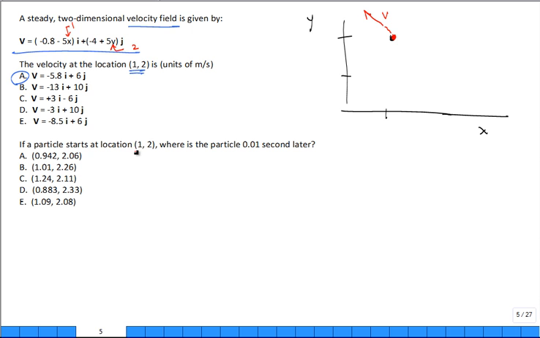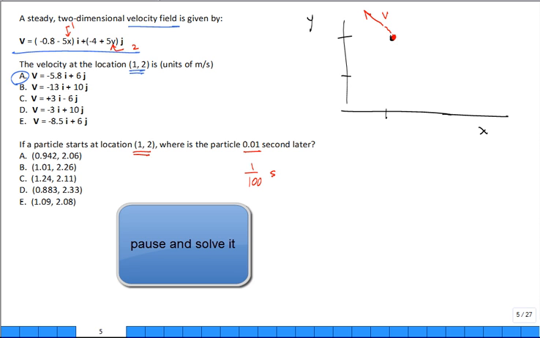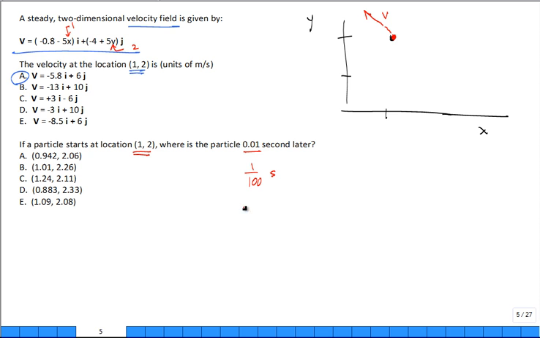If the particle starts at this location, 1, 2, where is the particle 1/100th of a second later? This is 1/100th of a second. Where is it at 1/100th of a second later? Can I pause? I want to make sure you can do this. All right, so you can tell that if it's in this direction, it's either at this point, this point, this point, this point, this point.